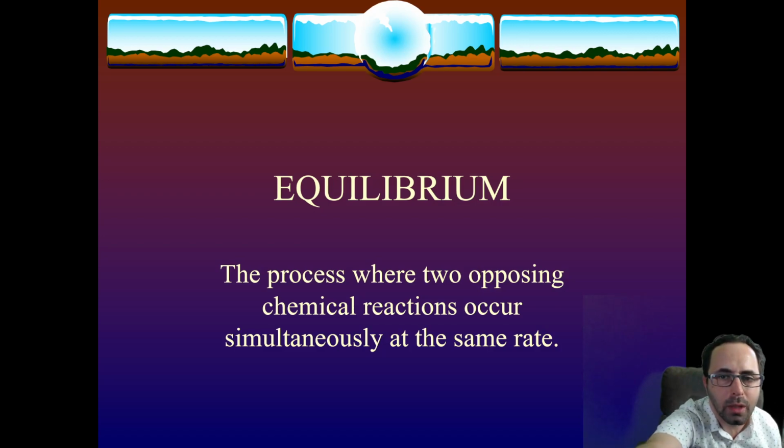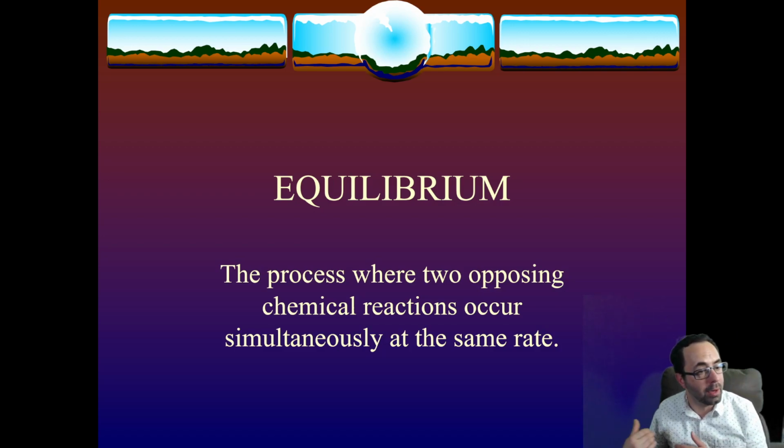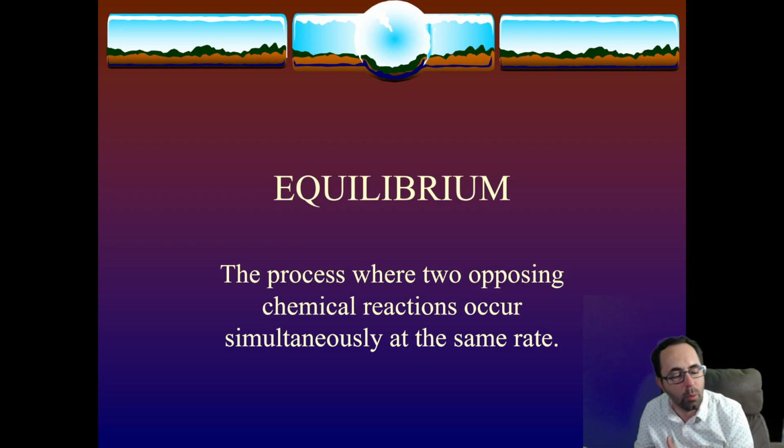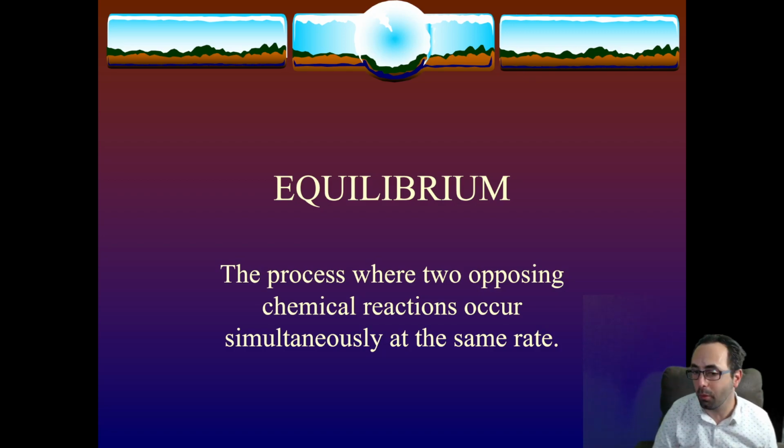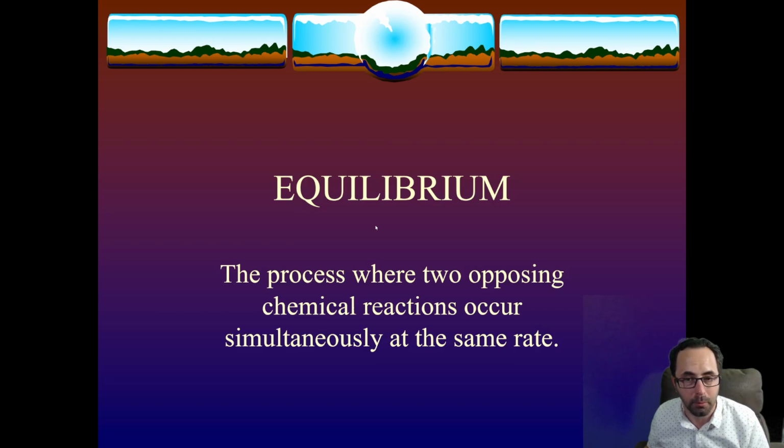And the more of them we have, the greater the speed at which they will go backwards. There's going to be a certain point at which the speed of the reaction in the forward direction is the same as the speed in the reverse direction. And at that point, we will be at what's known as chemical equilibrium.